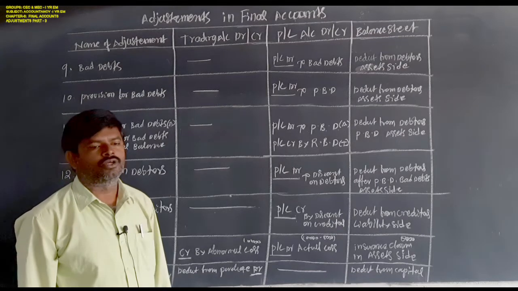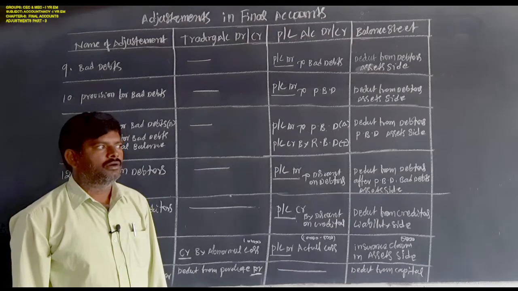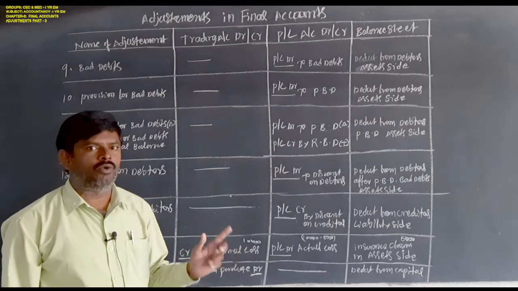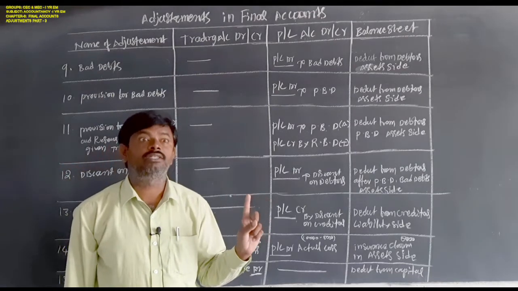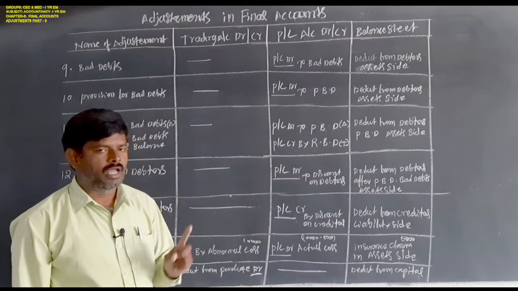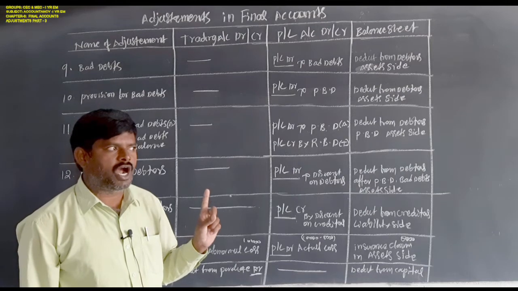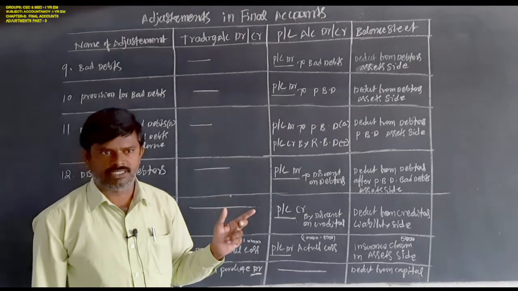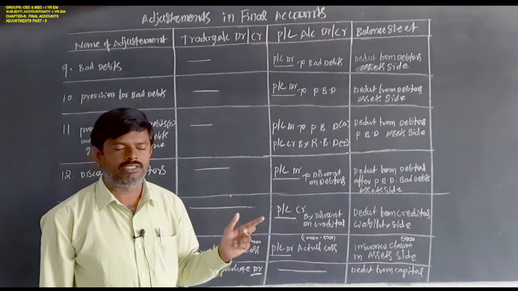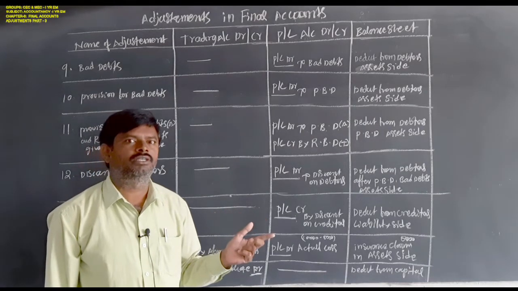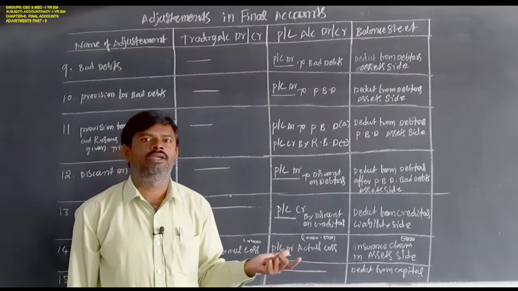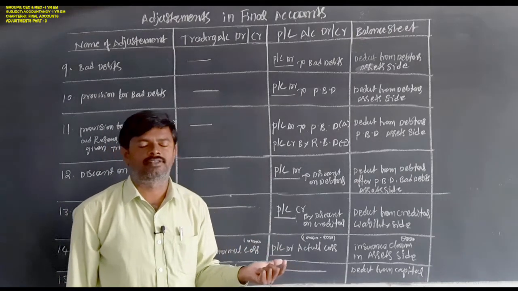Remember one thing: trial balance transactions must be recorded only once, in any one statement. Adjustment transactions must be recorded twice, in any two statements: either trading account or balance sheet, either P&L account or balance sheet, or sometimes only in the balance sheet, depending upon the transaction.